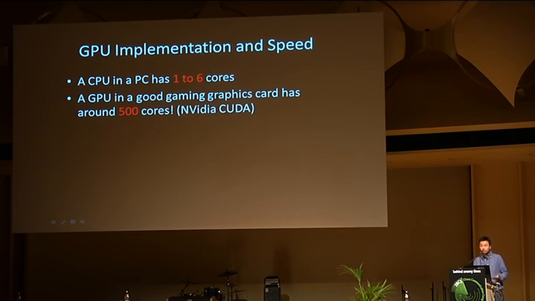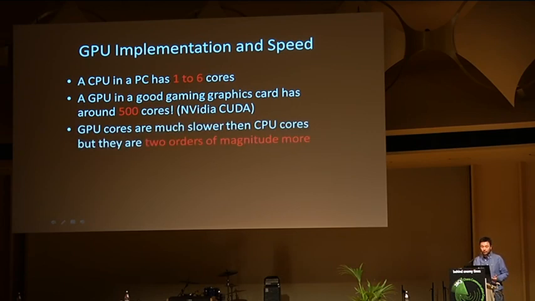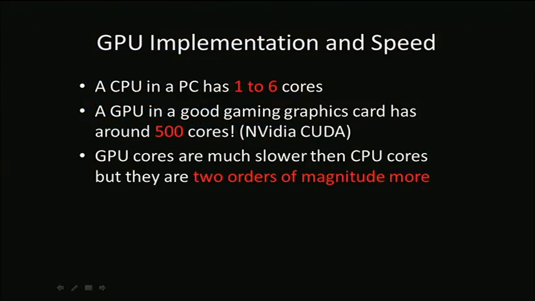But as most of our components are parallelizable, we do calculations on individual pixels and individual voxels. We can really make use of the power of the graphics cards. So we can do calculations on 500 pixels at once in parallel with a graphics card, where a CPU could only handle 6 at a time. And that's the reason why we achieve this real-time speed.